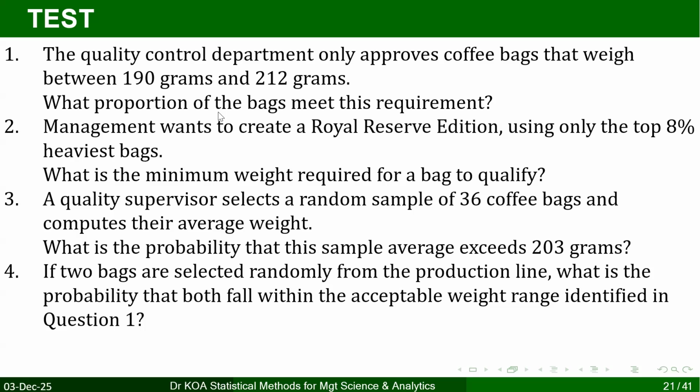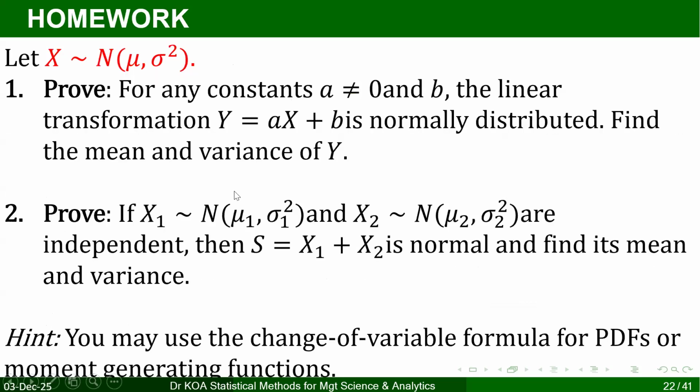Okay. So because this is exactly the work you've all done, now I have a homework for you to look at. It's a proof. If X is normally distributed with mean mu and a variance, prove that for any constant, this is the case.